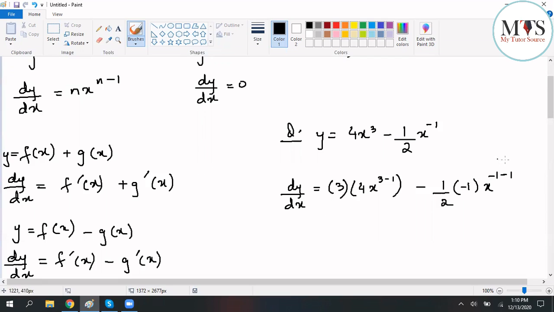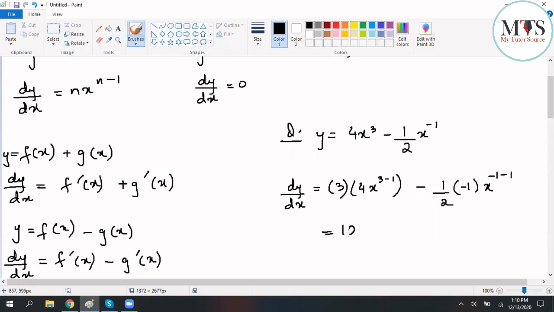Okay, so look, whenever we're differentiating, we subtract 1 from the power, right? Since the power of x in the second term is negative 1, won't we do negative 1 minus 1? Yeah, got it. Same thing as before.